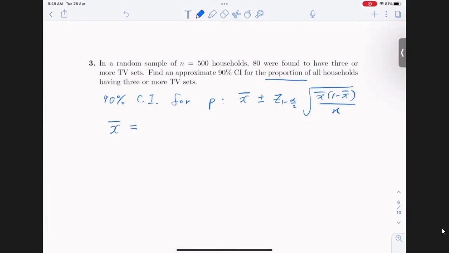And in this question, we are told that 80 out of these 500 households were found to have 3 or more TV sets. So the sample proportion of households with 3 or more TV sets can be determined as 80 divided by 500. So we have the last ingredient to complete the calculation.